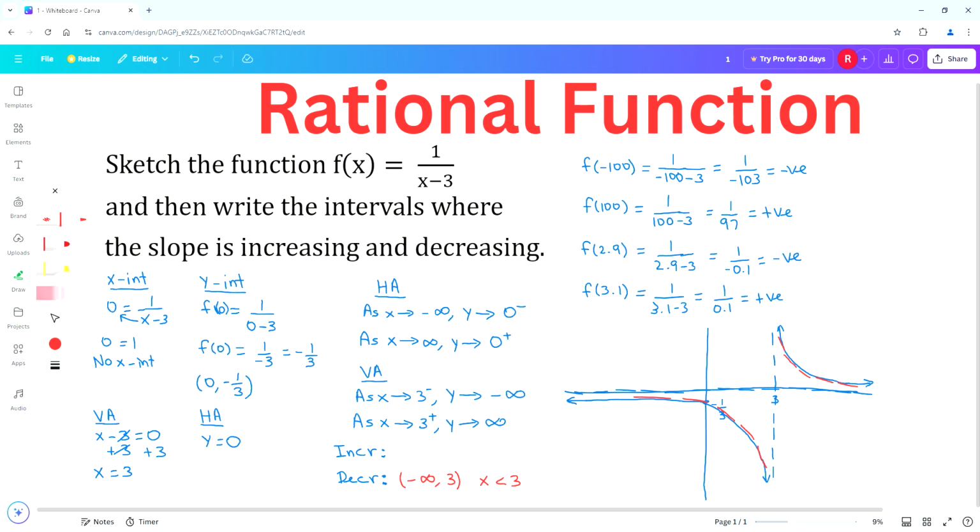That means the slope of this curve is increasing as we go from left to right because the slope of the tangent lines is increasing from left to right. For example, from -3 to -2 to -1. So these values are increasing. So that's why the interval of increase is from 3 to positive infinity. We can also write this interval as.